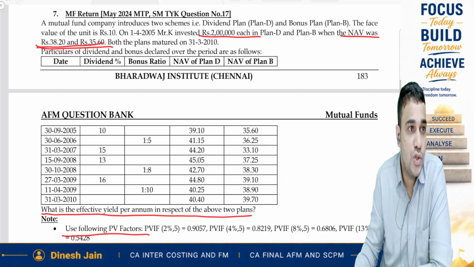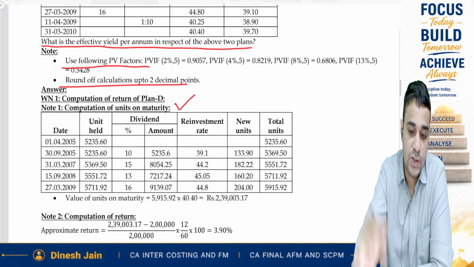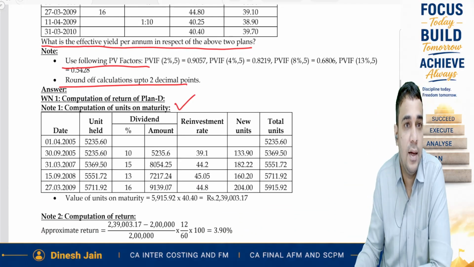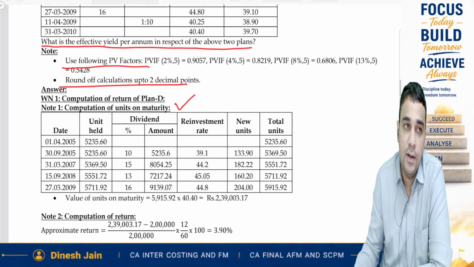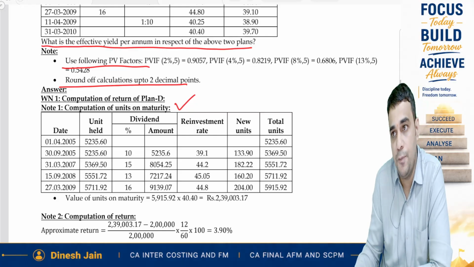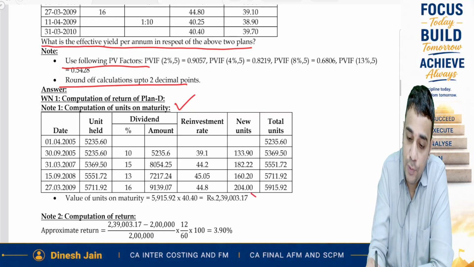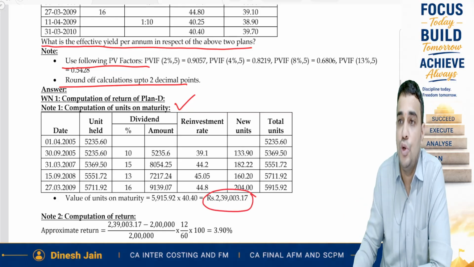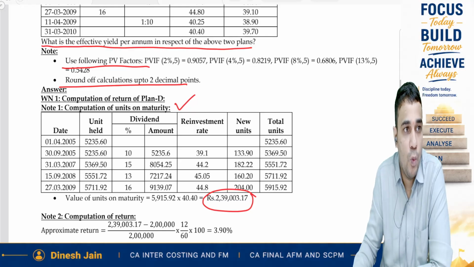To get the closing units into closing value, you will have to do either this table or the other table for the bonus plan. There is one table for the dividend plan, one table for the bonus plan. I don't want to waste time. Only thing I know is this is the value on maturity: 239,003.17.